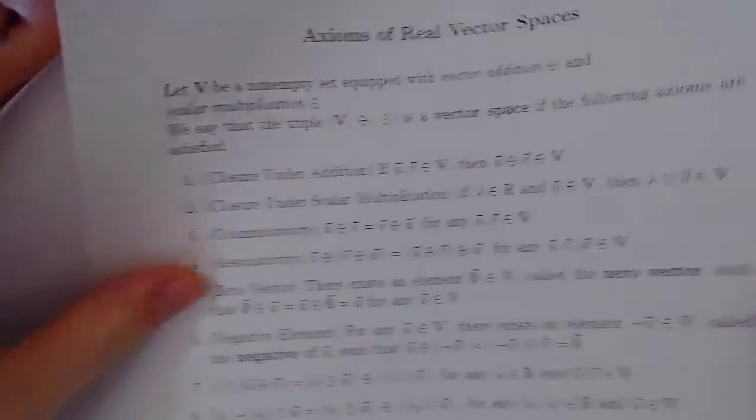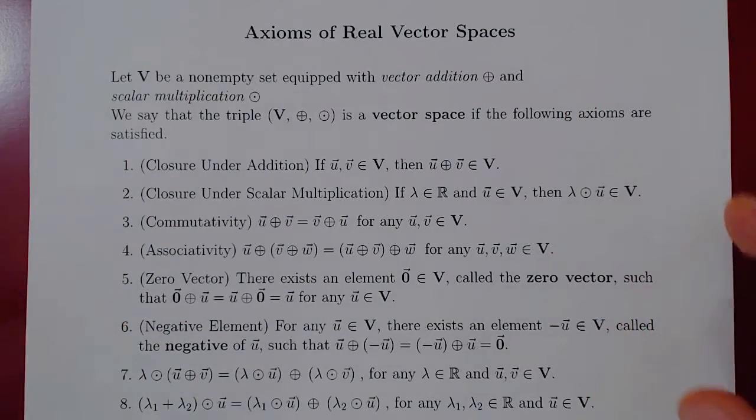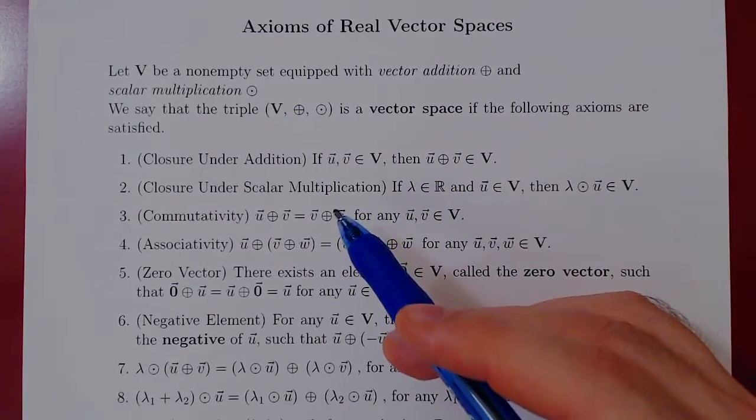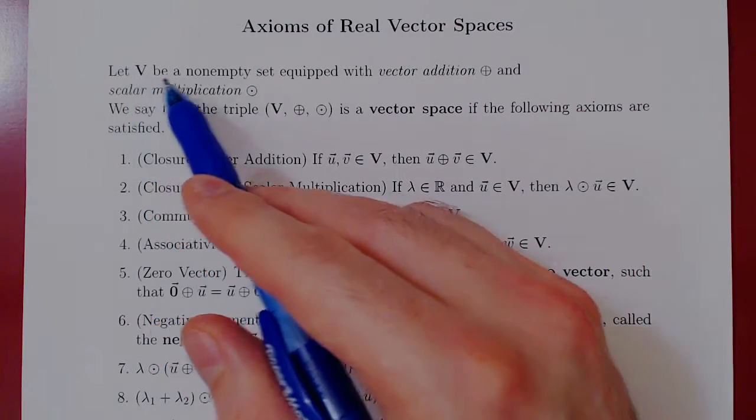And the answer is there are 10 properties. This may look a bit technical, but as you'll see, it's actually not that bad. To algebraically capture the geometric notion of vectors, we need to consider 10 axioms, 10 rules. So let's see what we have here. V will be our set. So we let V be a non-empty set.